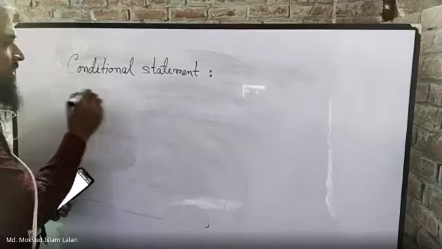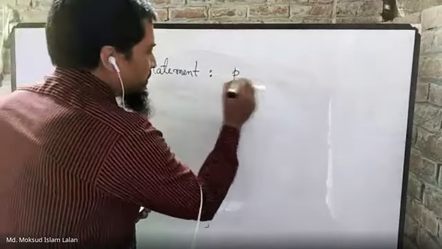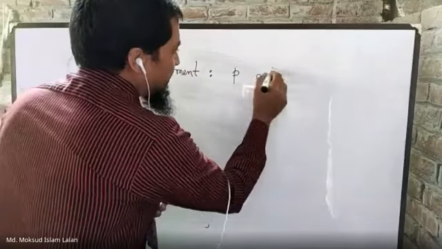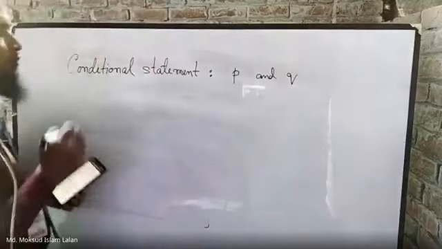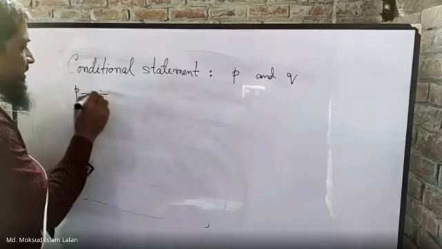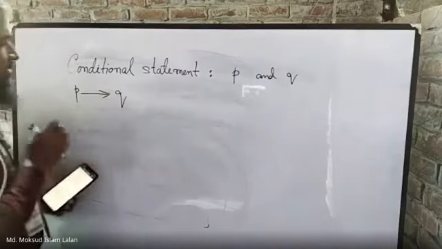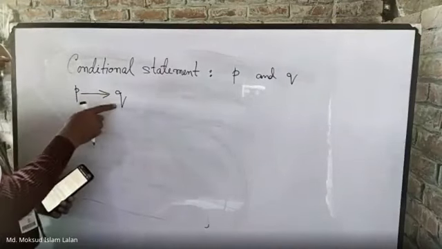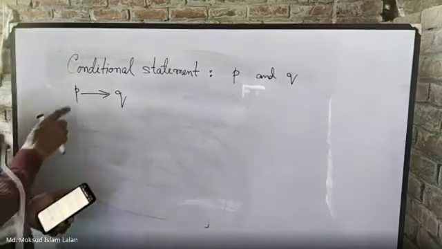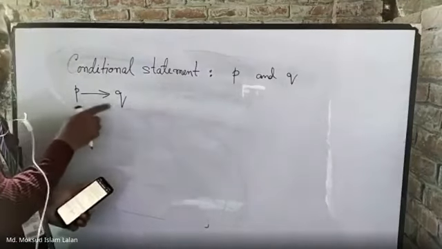Again we have to consider two propositions. Let P and Q be two propositions. We have to define the conditional statement, that is P tends to Q, something like this.